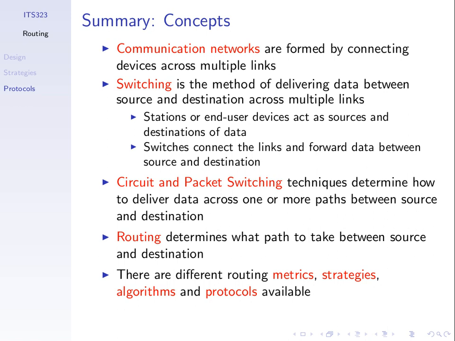Switching is delivering the data across that path. In routing, there are different metrics, ways to measure the cost, and different strategies we've looked at, adaptive, flooding. There are different algorithms for calculating the least cost path, Dijkstra, Bellman-Ford and others. And you'll see next semester there are many different protocols to implement these strategies and algorithms.